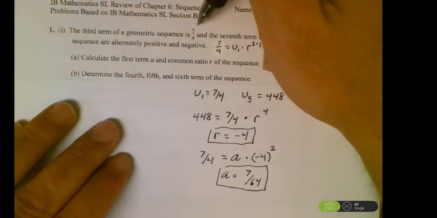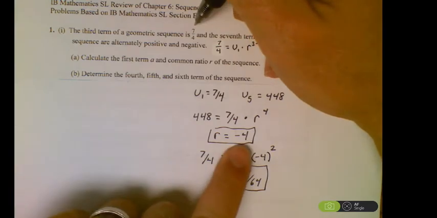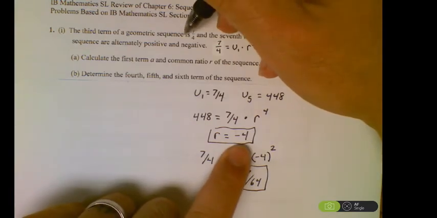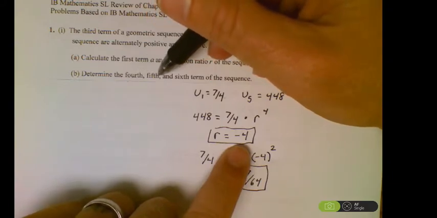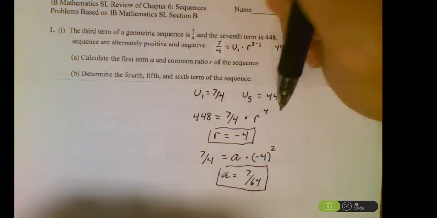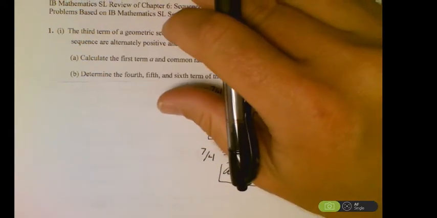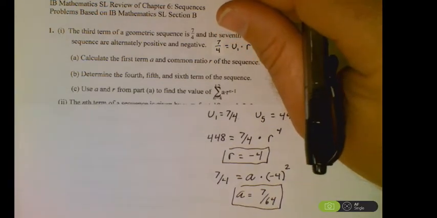So in this case, again, we know the third term is 7/4. So if I multiply that by -4, I get the fourth term. And if I multiply that by -4, I get the fifth term. And if I multiply that by -4, I get the sixth term. And so that would be the easiest way to do that one. So we're not going to work that one out just because that's just simple calculation to do that.